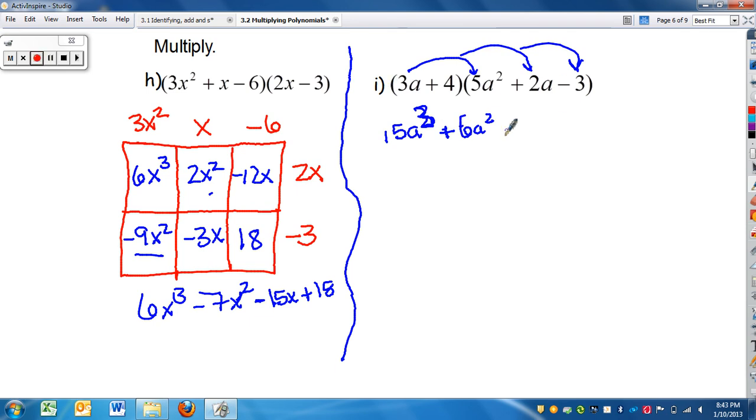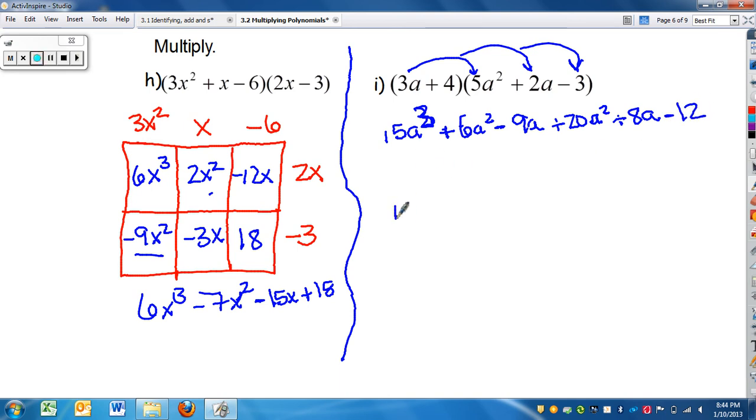And 3a times negative 3 gives me negative 9a. Then I have 4 times 5a squared, which is 20a squared. And then I have 4 times 2a, which is 8a. And 4 times negative 3, which is minus 12.